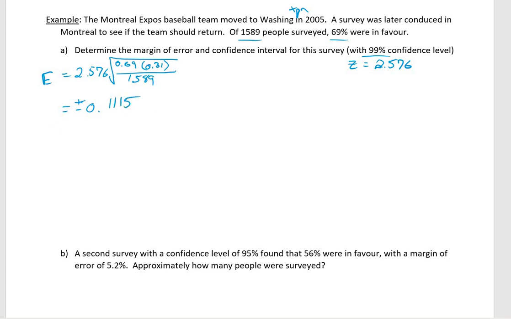giving us a margin of error of plus or minus 0.1115 or plus or minus 11.2%. Then we can use that to calculate the confidence interval.